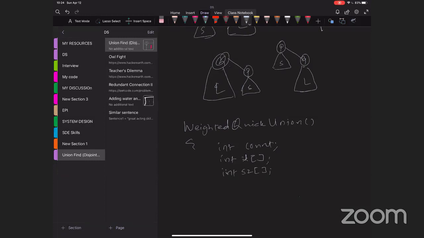Simple. Initially, we run the for loop in the constructor: for int i equal to 0, i less than n, i plus plus. Both are going to be initialized with a new int array of size n.